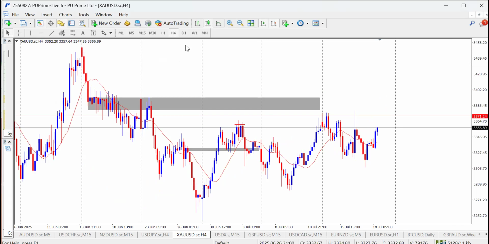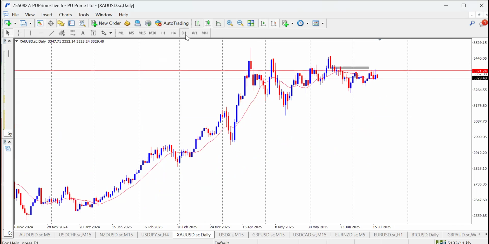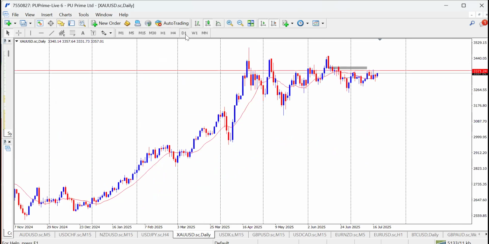Let's look at gold. So gold, on the other hand, on a daily time frame, I would say that we could see more bullishness for gold till we get to the 3440 region.